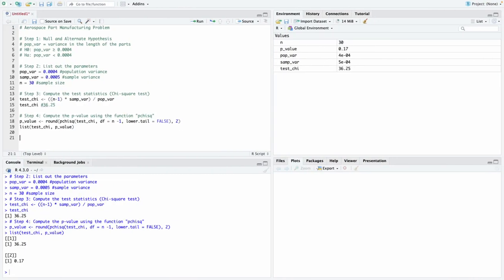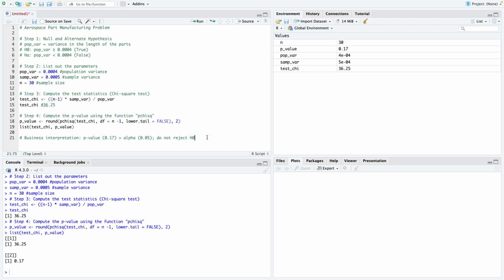So now let's come up with our business interpretation. We know that the p-value, which is 0.17, is greater than alpha, which is 0.05. So our first conclusion would be do not reject H0. When we say do not reject H0, what we're saying is that this one is true and this is false.